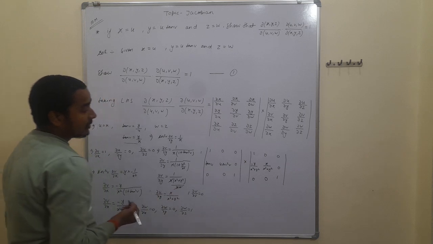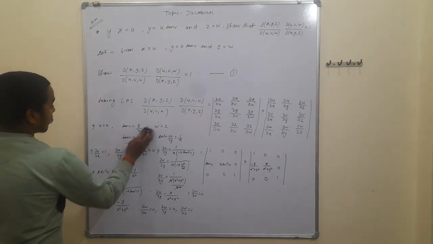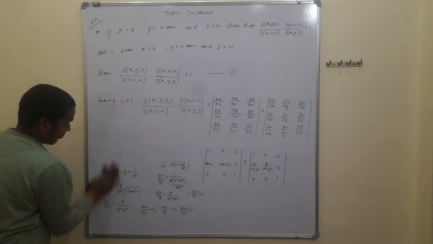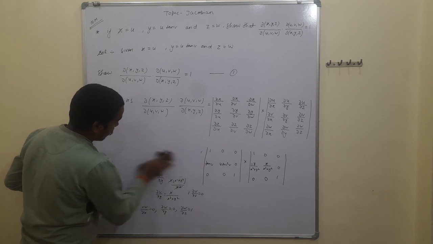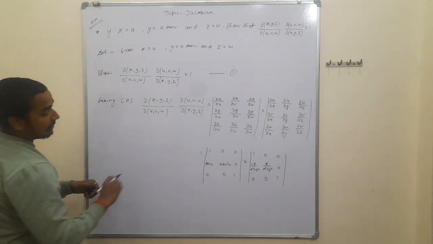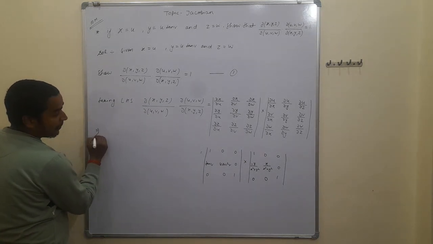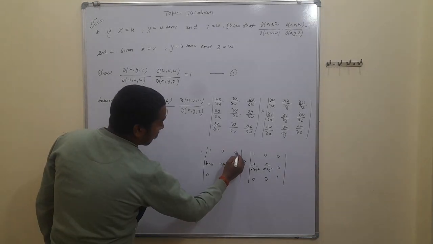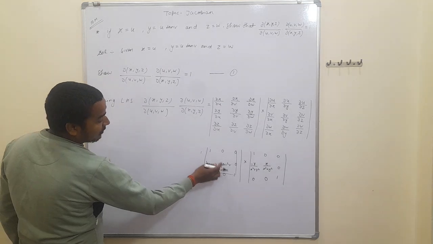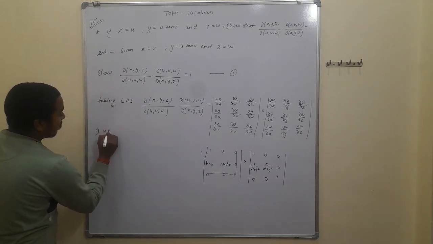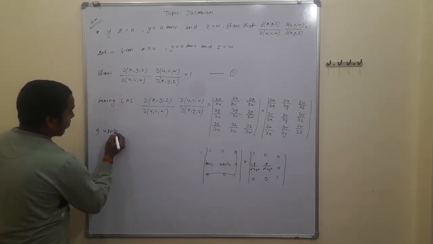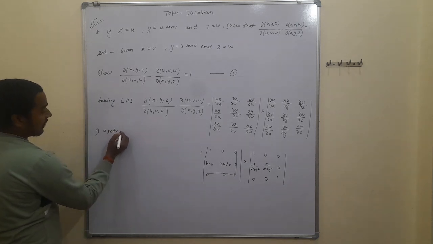Further we have to solve the given determinant. On opening this, these terms cancel out, then on cross multiplication, that is u sec square v, and on cross multiplication with this, that is 0, the value of the first determinant is u sec square v.